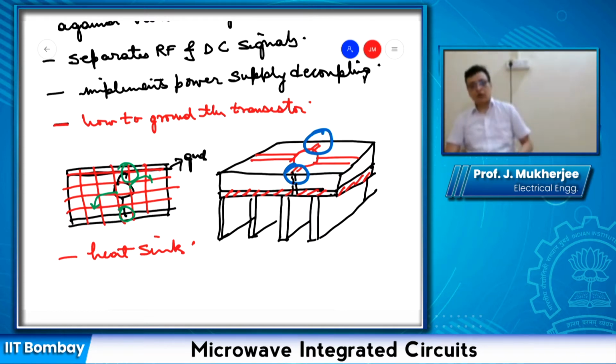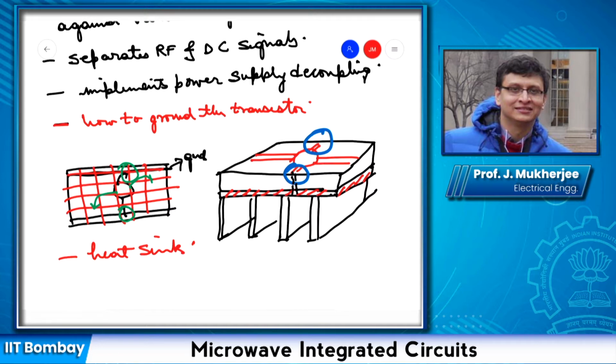Or for very high power, in the range of kilowatts, you need these metallic vanes, and in addition to that, for providing additional cooling, you also need water flow through these vanes. That is a separate engineering itself. These are some important factors while considering the biasing, as well as transistor grounding, as well as heat sink in amplifiers.